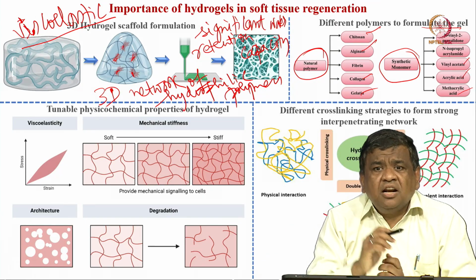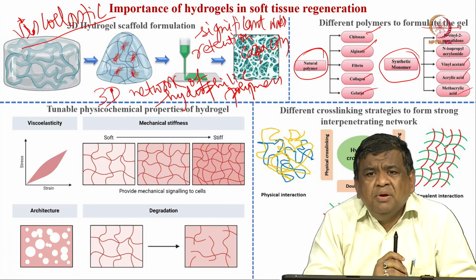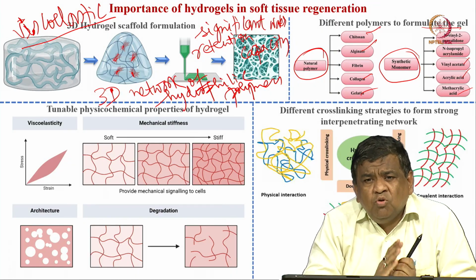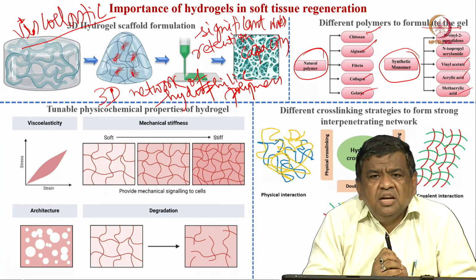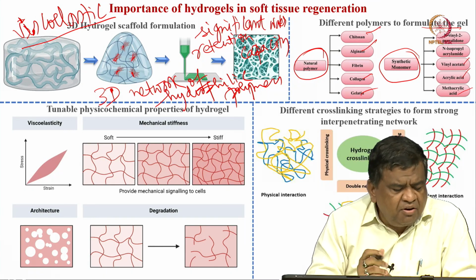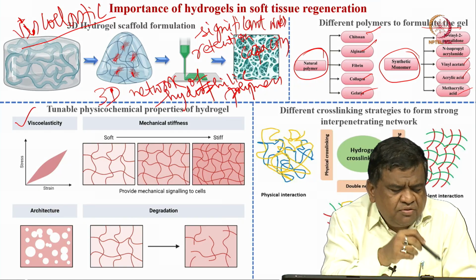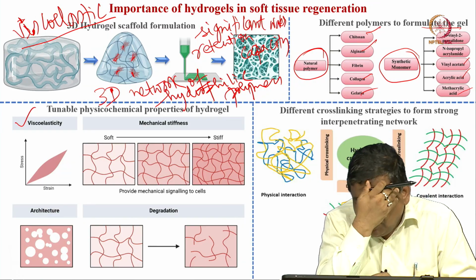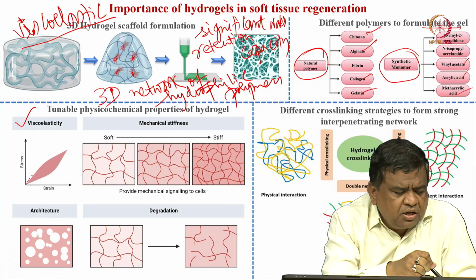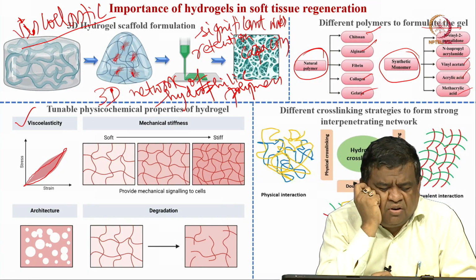As I said, there are certain specific attributes which make hydrogel a very special class of biomaterials, and perhaps one of the most widely investigated biomaterials in the global scientific community. Number one is viscoelasticity, that is, if you look at the stress versus strain, this can have 2 different kinds of response. It can go up and down, and it can also undergo stress reversal.